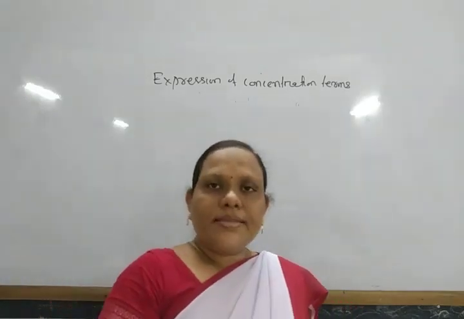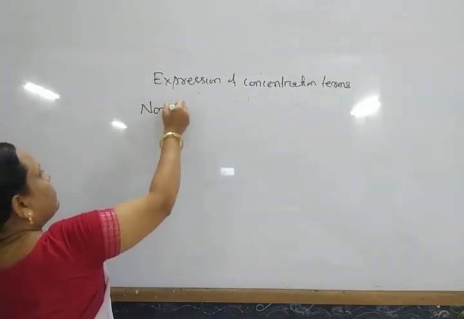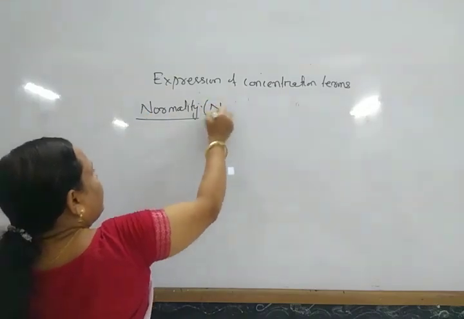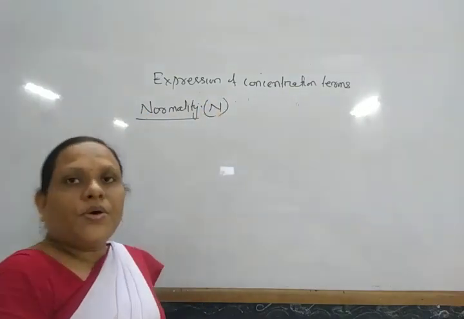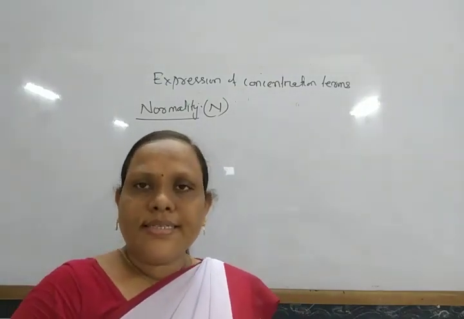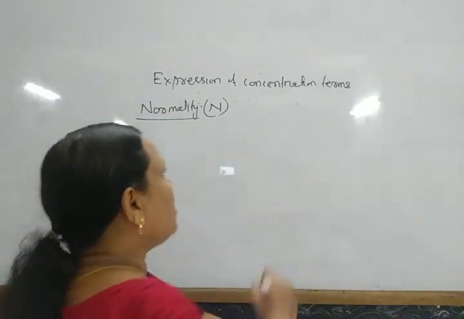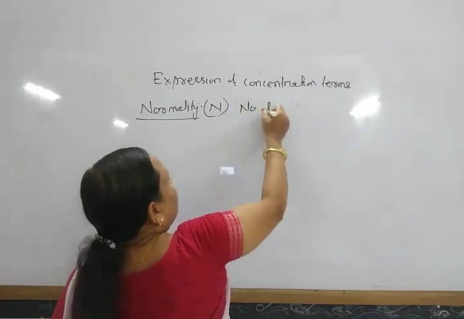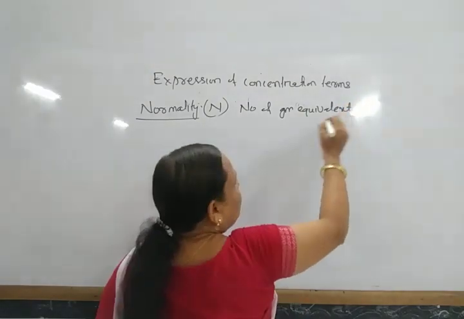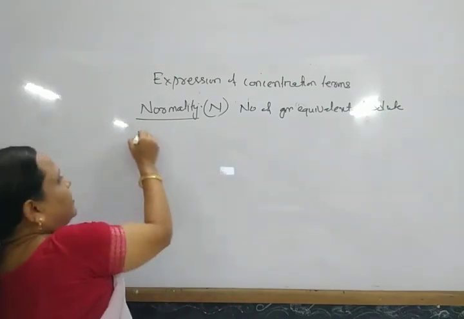Next come to another concentration term, that is normality. Normality is represented by the letter N. So what is normality? This is the number of gram equivalents of solute present per liter of solution.